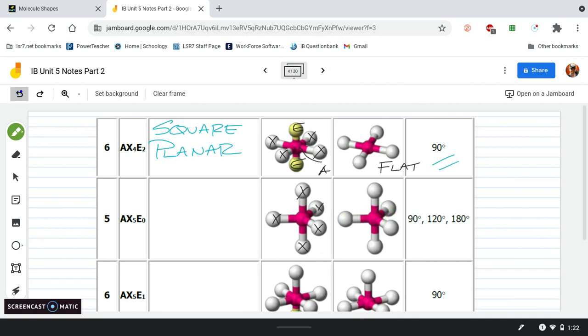I'm going to draw it a little bit better. So if you look, there's a triangle right there on top, and there's also a triangle on the bottom. Kind of hard to see that one, but there's a triangle on the bottom. So you actually have triangles on both top and bottom.